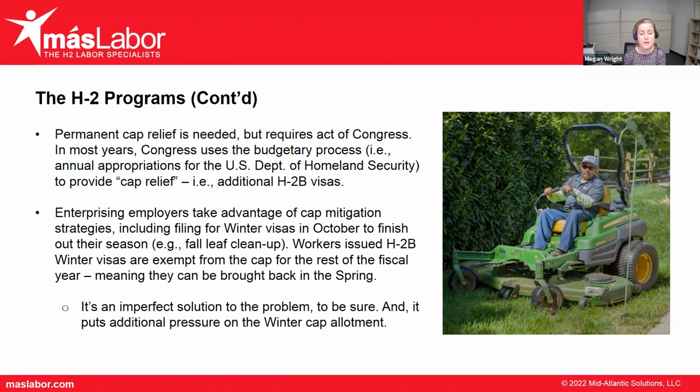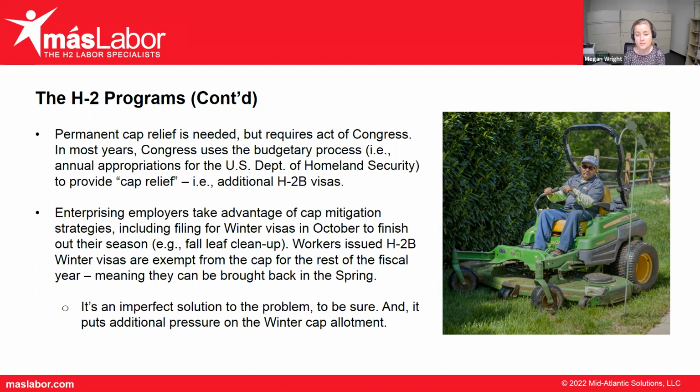And so for enterprising employers, maybe folks that want to take advantage of trying to avoid or mitigate that spring visa cap, one option is to actually file an October 1st order to finish out their season, and then file again on the April 1st, or that second half of the fiscal year allotment.